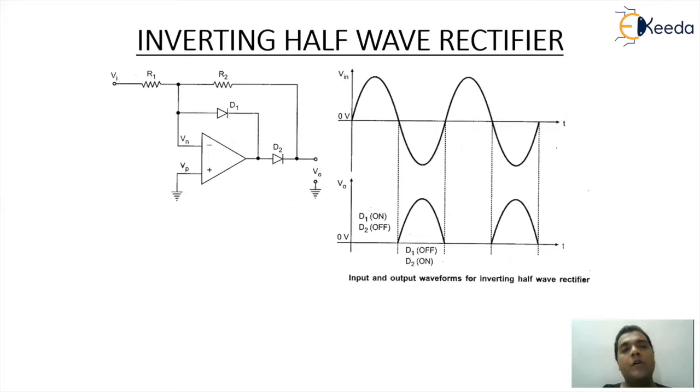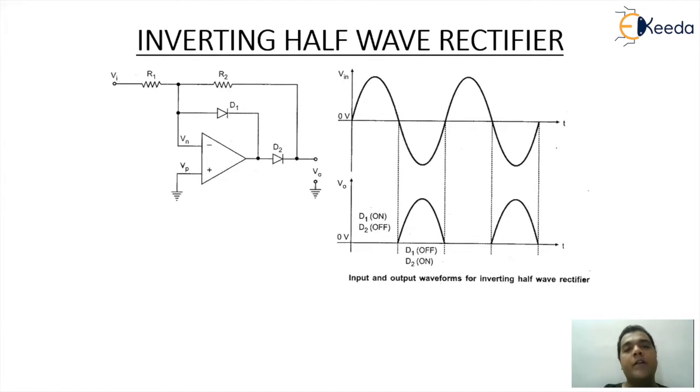Now, when we talk about the inverting arrangement of the op-amp, the logical understanding here is the input is being connected on the feedback path at the inverting pin via the resistance R1. R2 will work like a feedback resistor, and there are two diodes present as D1 and D2. When you look at the op-amp position, the non-inverting pin, the V plus pin of the op-amp, is connected to ground.